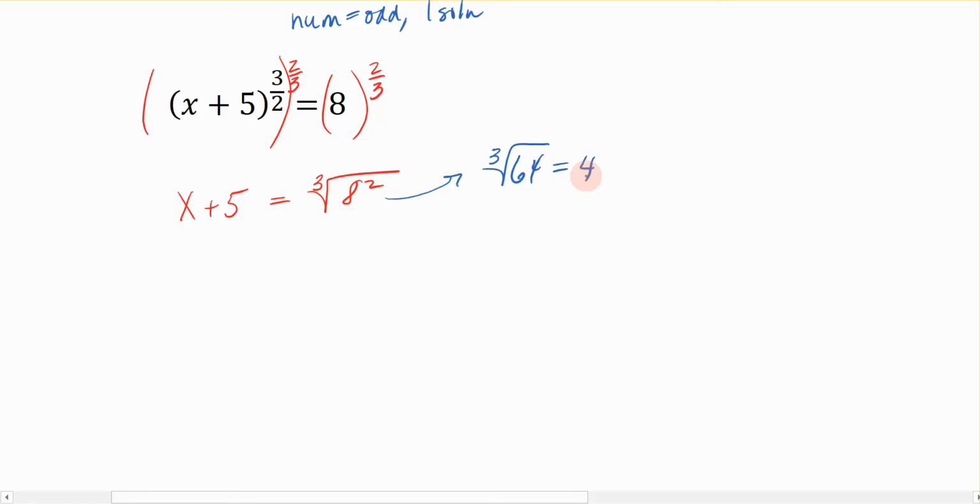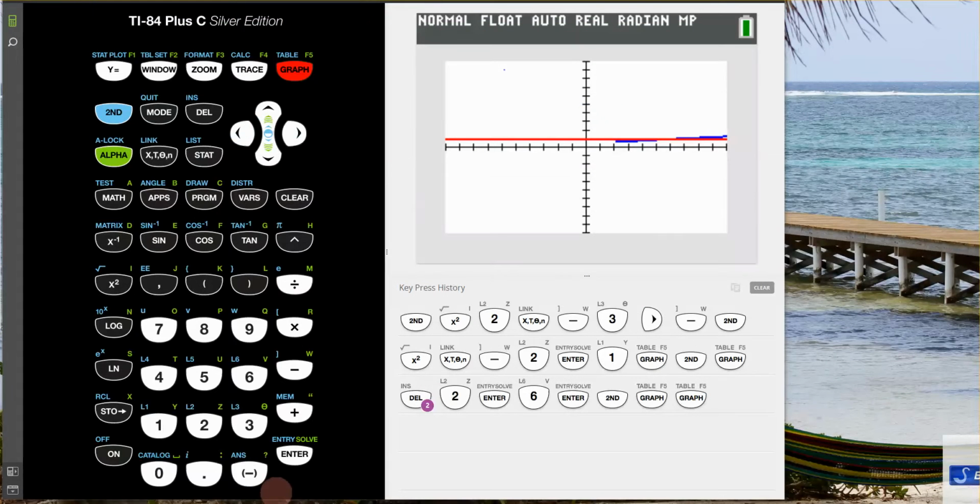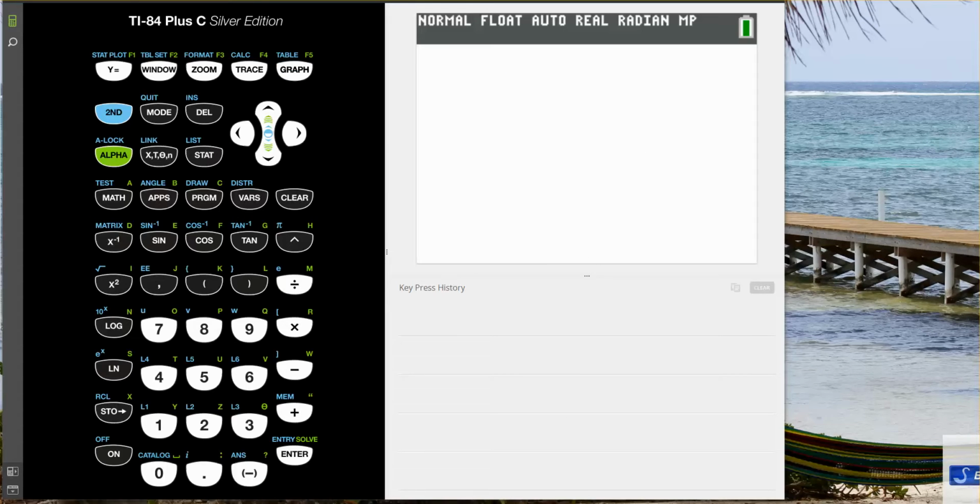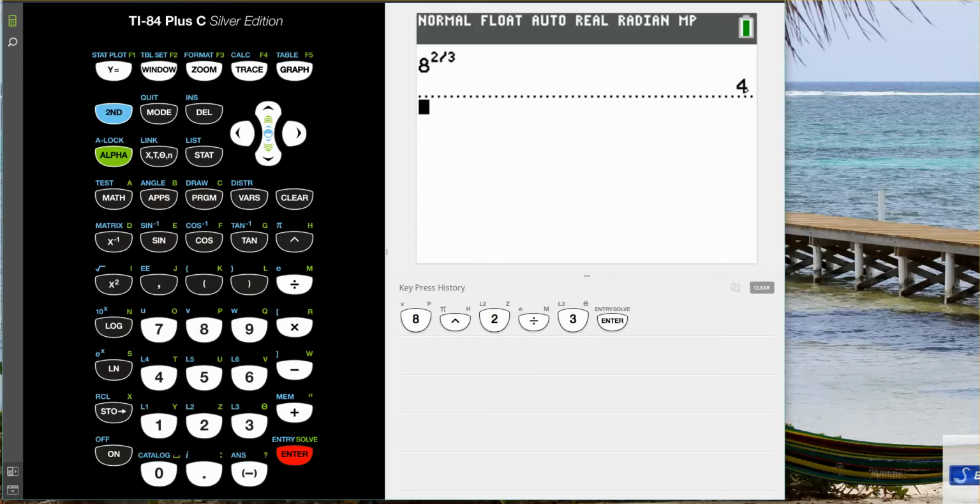If you don't know that, you can take your calculator and raise 8 to the 2/3 power, doing 2 divided by 3, and if it's a perfect root, it's just going to give you back the value. So I know that it's 4.